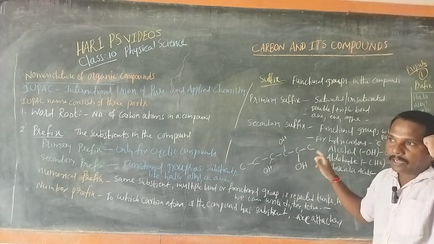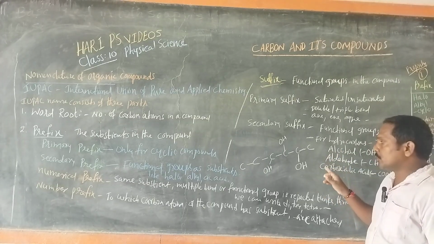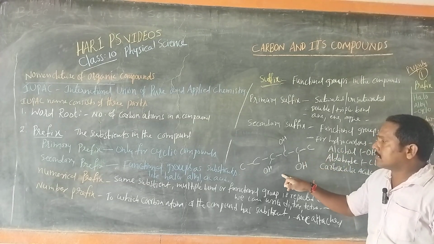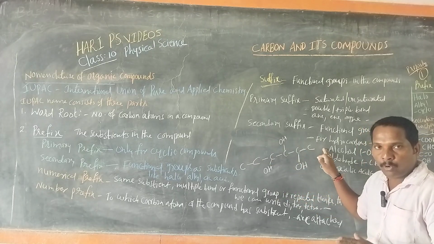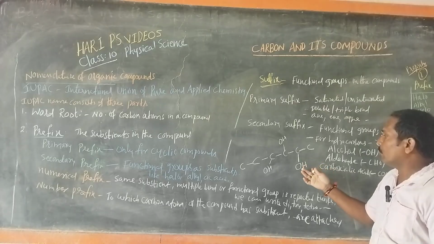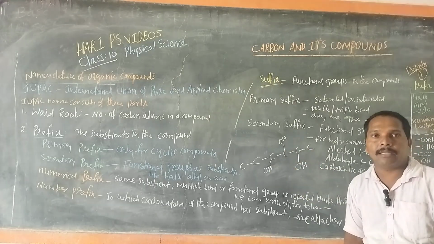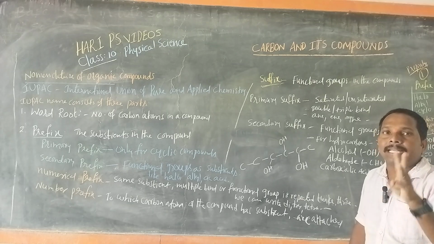So the alcoholic hydroxy functional group is present as a substituent in the given compound repeatedly. How many times is it repeated or substituted in the compound? Three times.